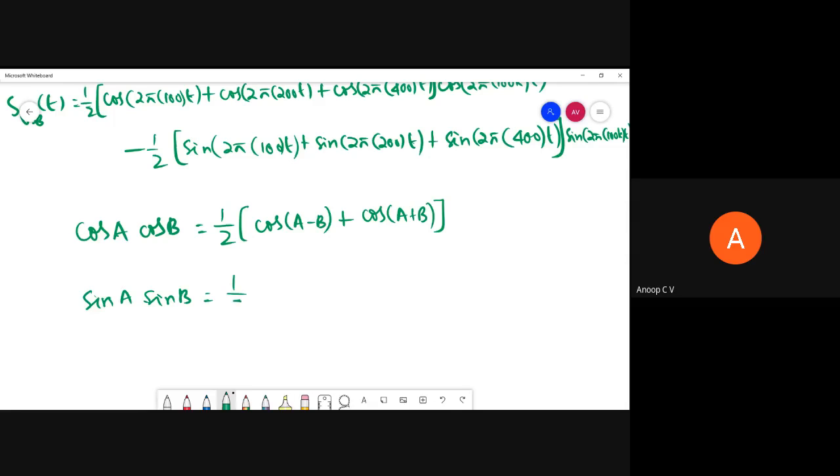Can anyone tell me, it will be half of cos of A minus B, minus cos of A plus B. So you have to expand it and then apply this result.